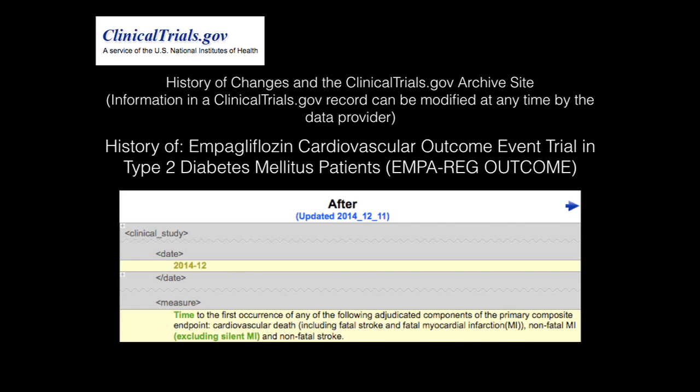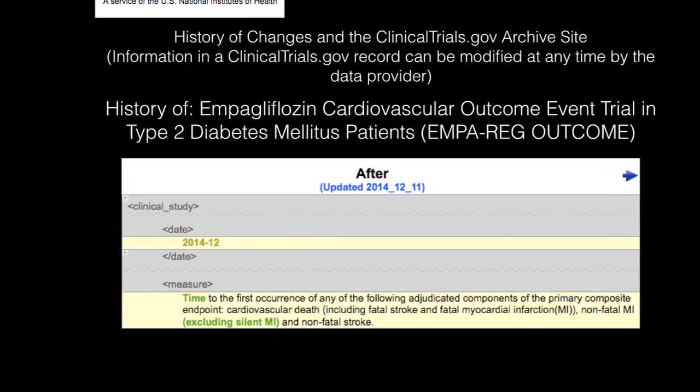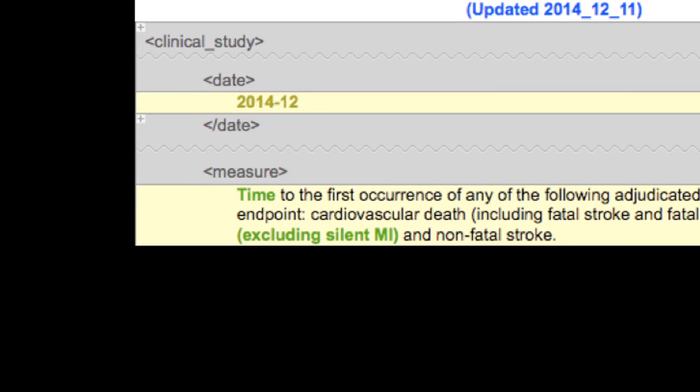And you finally get the history, and you can see that on December 11, 2014, they changed the outcome measure. They have composite outcomes, a lot of these trials. It's not just heart attack, it's not just death, it's heart attack, death, need for catheterization, et cetera. And so look what they did. They excluded silent MI on December 11, 2014.